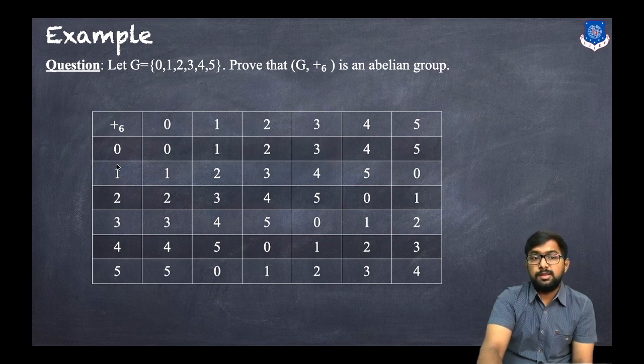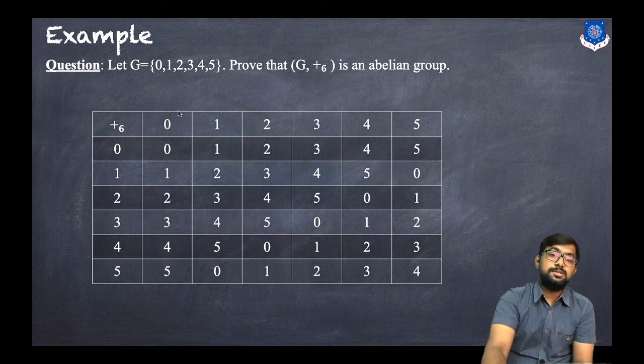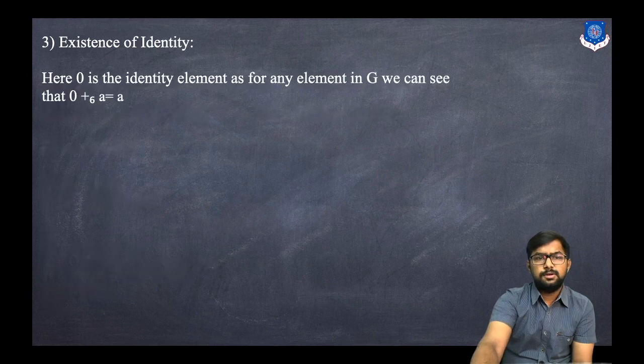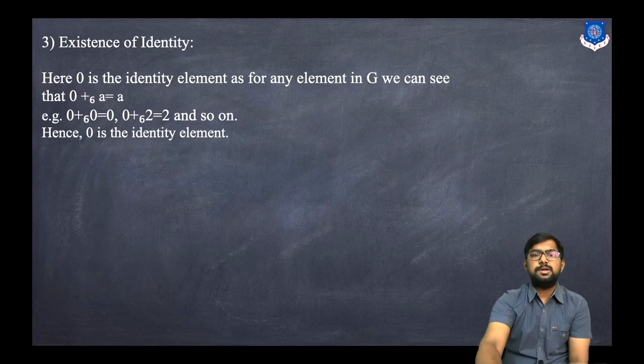Now for 1, where is 1? So 1 plus 0 is 1. Now for 2, where is 2? Consider this column. We are getting the same elements here. So this 0 is the identity element, right? Yes, it is the identity element.